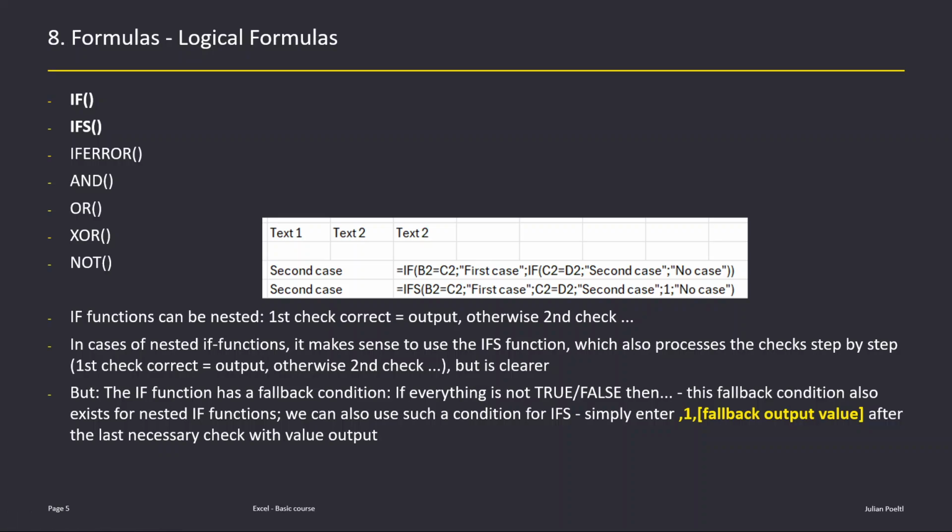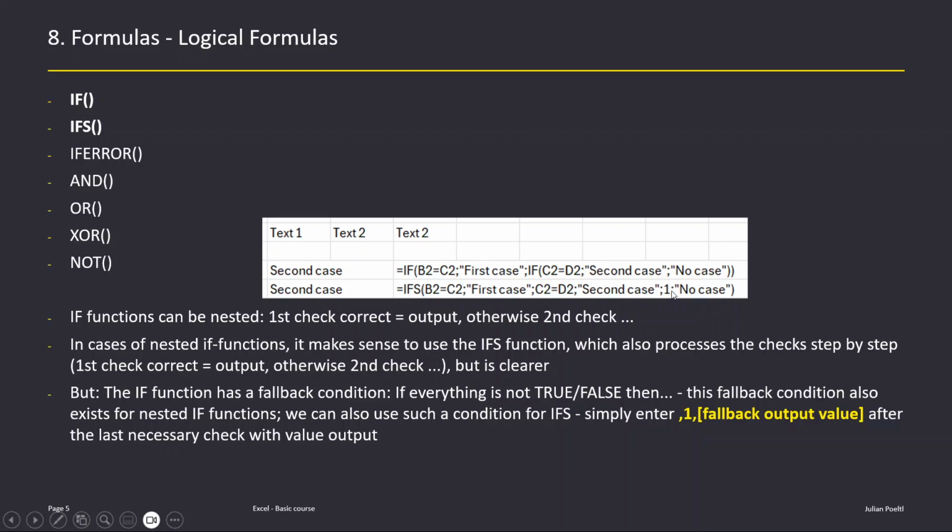But if you have nested IF functions, it may make sense to use the IFS function, which is a little bit clearer. This is, for example, the same as the function above here, but with an IFS function. So first check this, then this value will be handed out if this is true. Otherwise, you check this, then this, then this, and so on and so on.